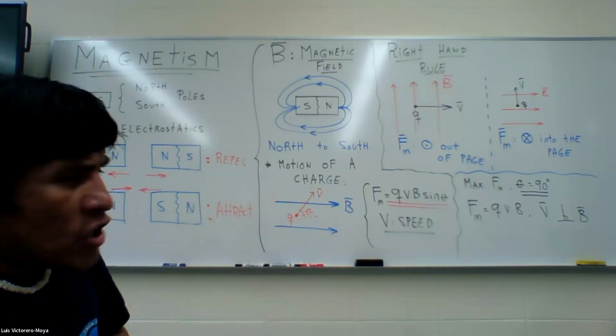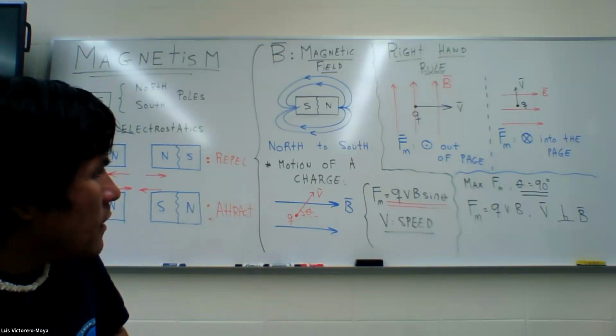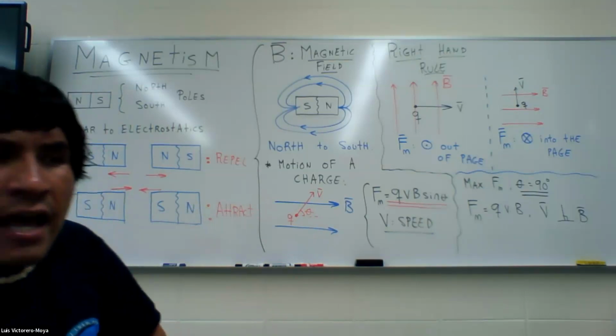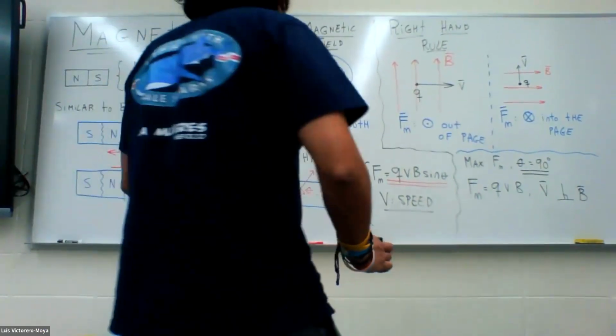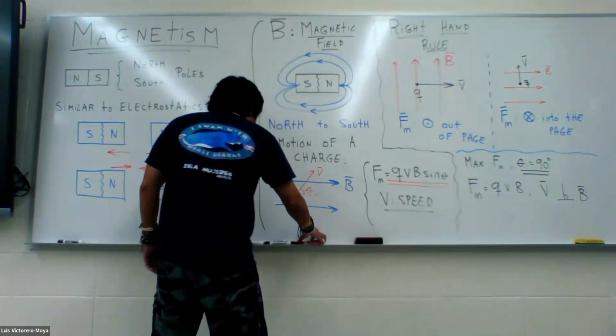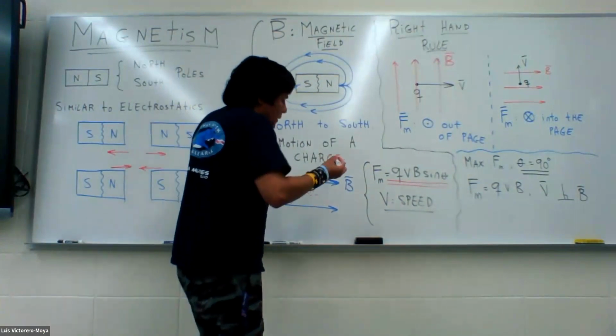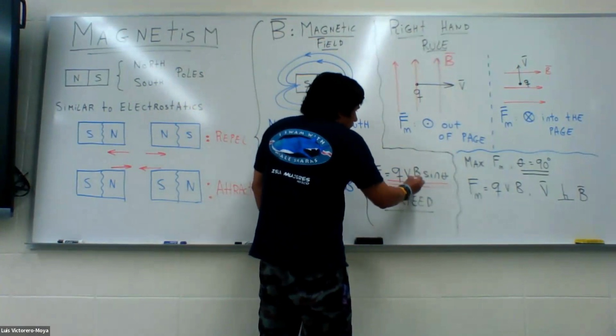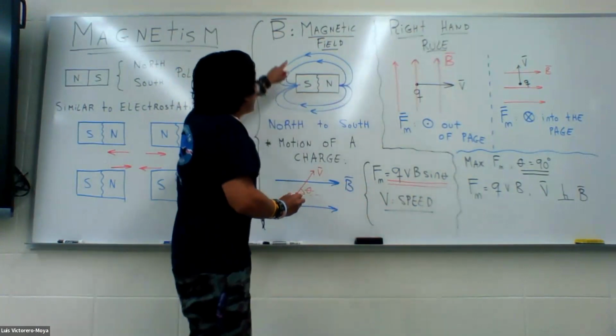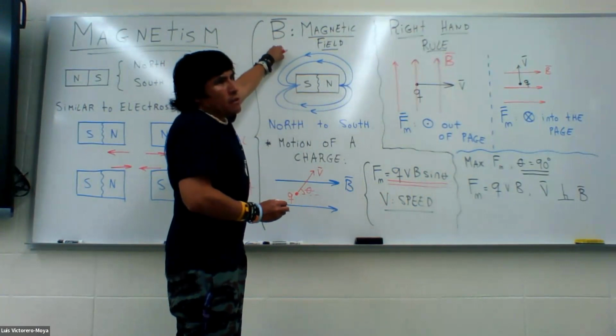The magnitude of the charge Q, the speed, the magnetic field times sine of theta. So pretty much the way we define this is by introducing the variable B, and the variable B is magnetic field.